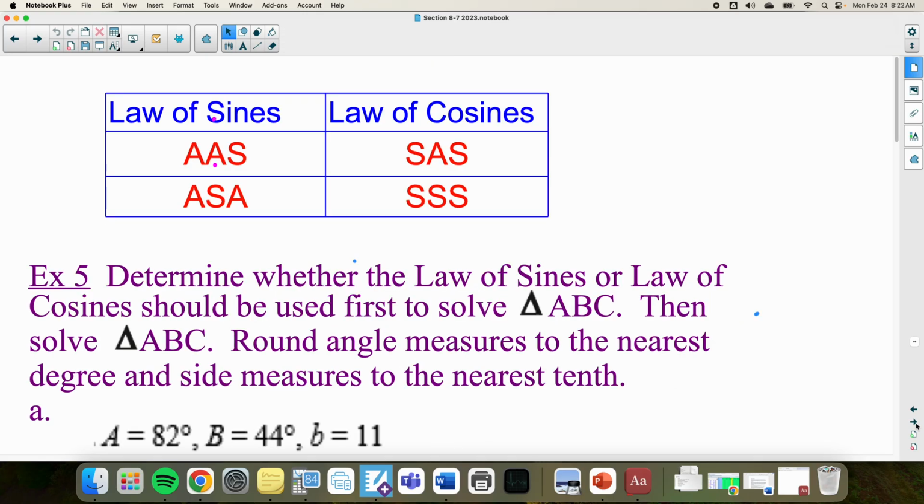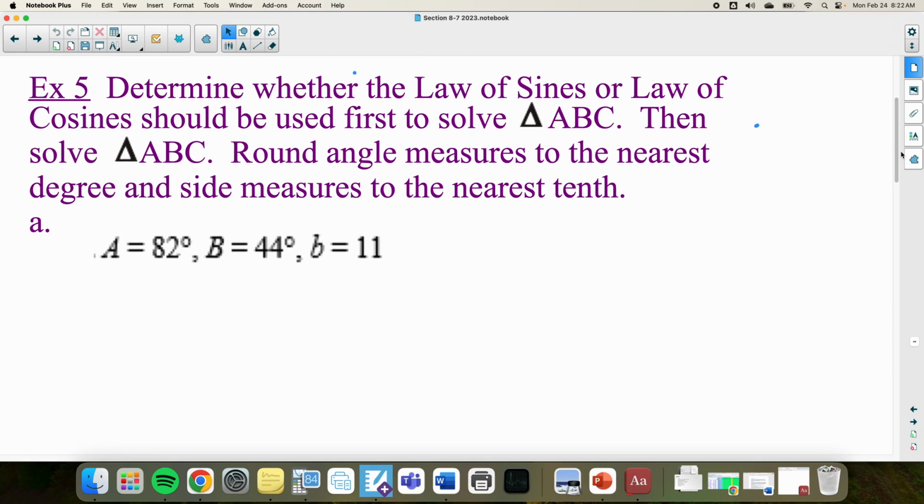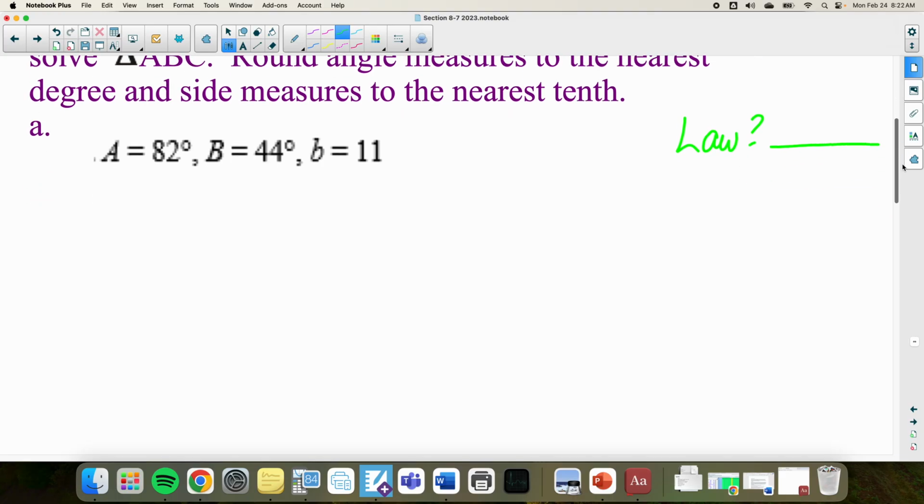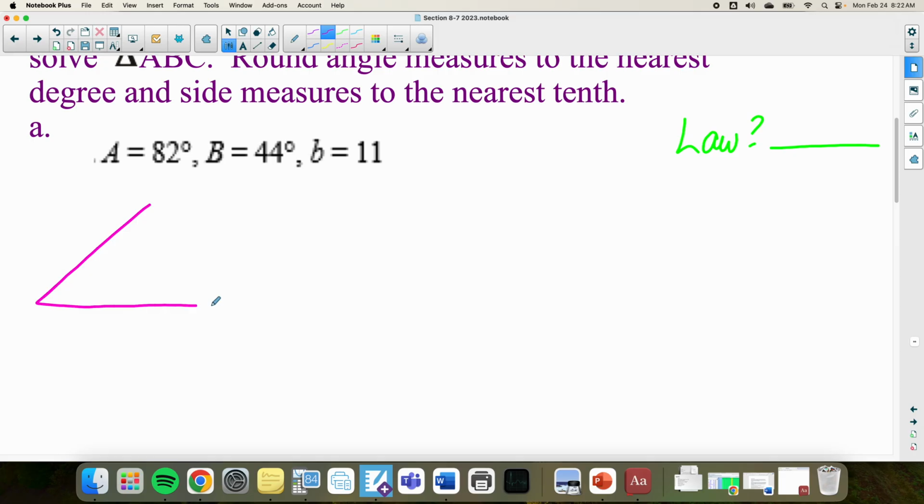So this is what your assignment is going to look like today. The only difference is you're going to add a step at the beginning where you say what law you start with, okay? I always draw these out because I struggle if I don't.